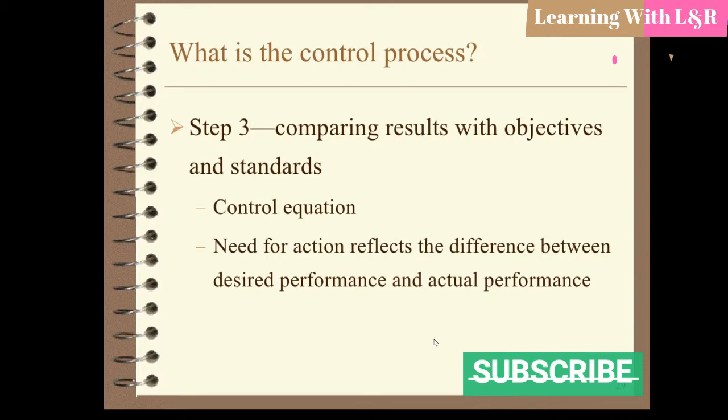A control equation is needed to measure this step. The need for action reflects the difference between desired performance and actual performance, which is directly measured with the help of controlling. Where we want to reach, from where we start, and what happened in between.